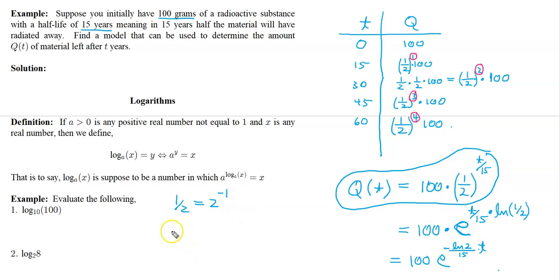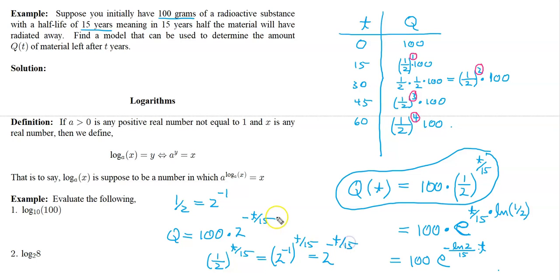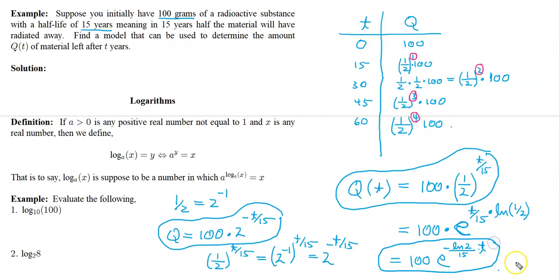You can also write this as, since 1/2, and then you just multiply the exponents here. So sometimes you'll even see it written like this. So here's 3 different forms for this answer. This one, and then our exponential form down here.